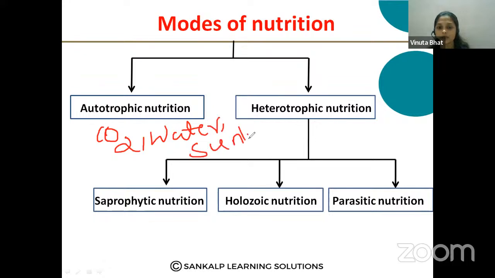Using these things, they are able to produce their own food. That is called autotrophic type of nutrition. Okay. So where we can find the autotrophic type of nutrition? Anybody? Where we can find autotrophic modes of nutrition?